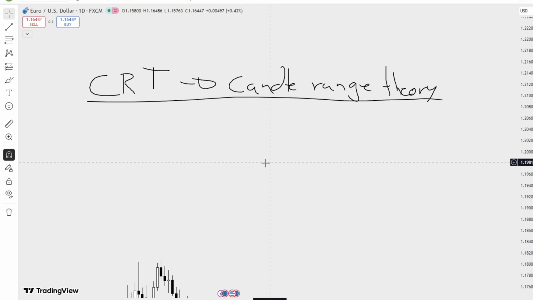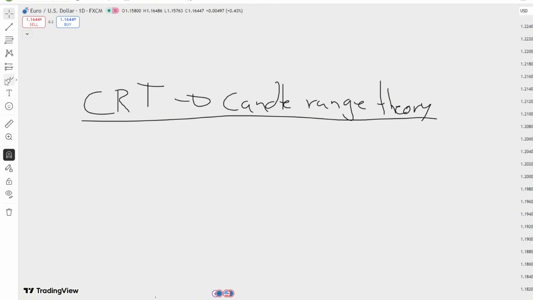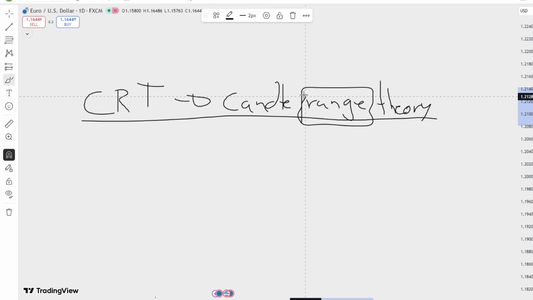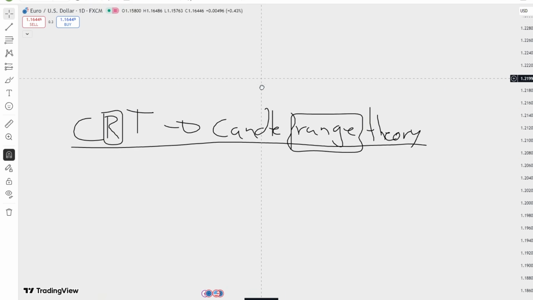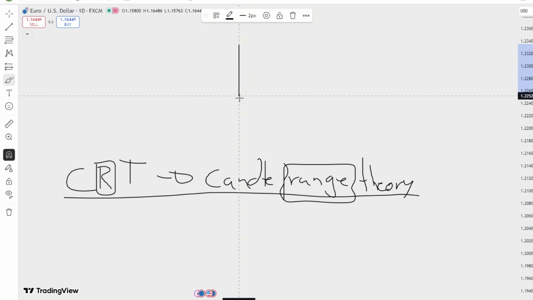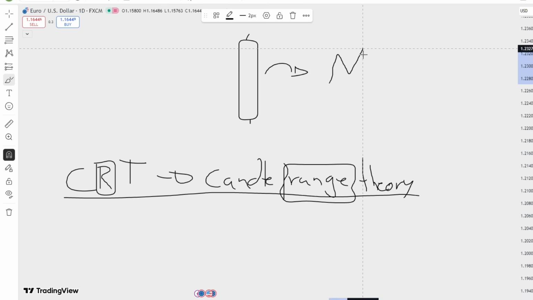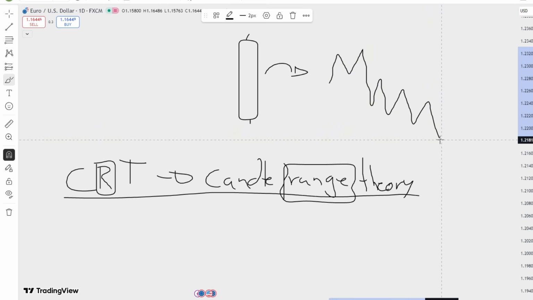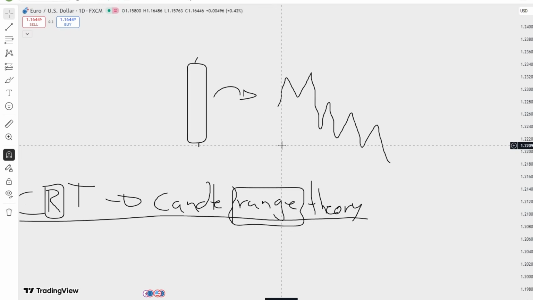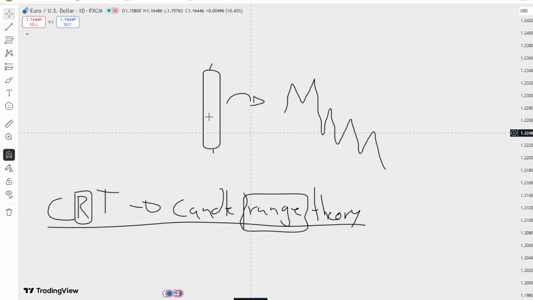If you take a close look, you see that you have a range right here. This is the most important part of CRT, this R right here. Because with CRT you're going to see candles, but inside of these candles we have ranges, because price, like time, is fractal.